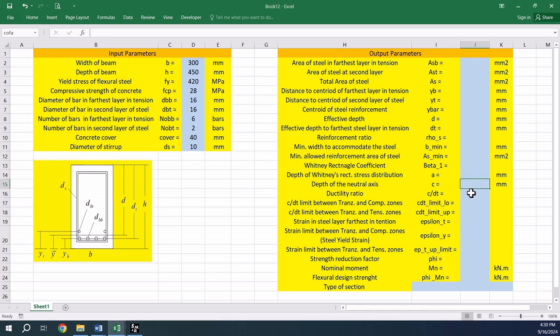For the next parameter, I'm going to assign the name CDT. For the lower limit of c over dt according to the ACI code, I'm just going to copy this name and assign it to this address. Same thing here. This is the lower limit of c over dt.